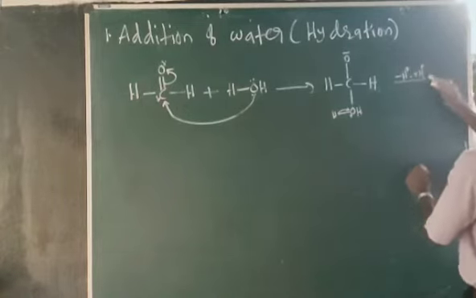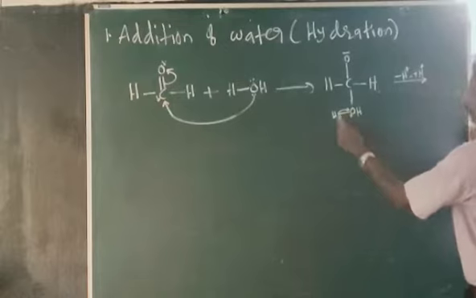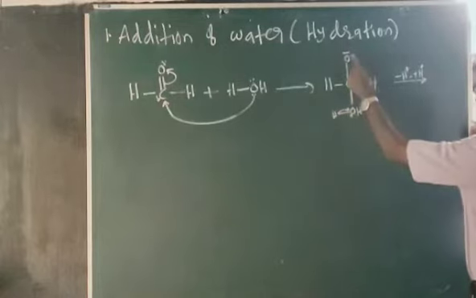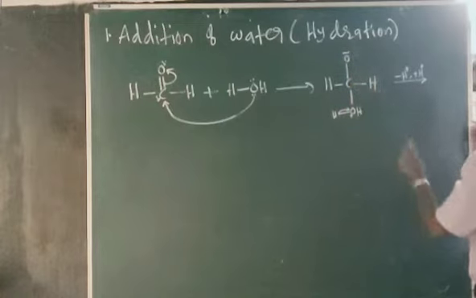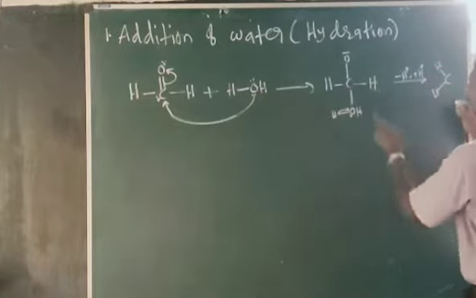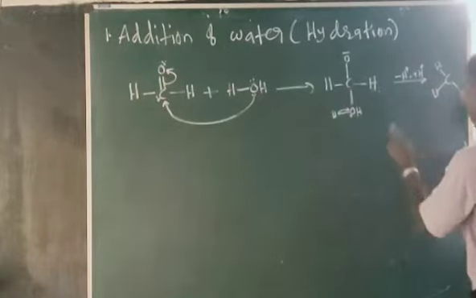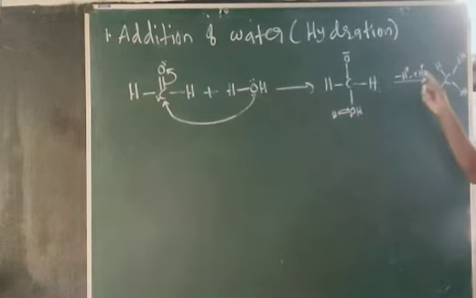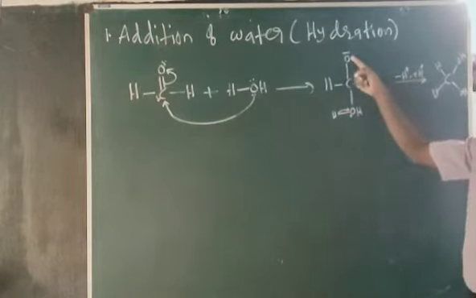What do you mean by minus H plus and plus H plus? Minus H plus means H plus is removed from here. Plus H plus means that H plus is adding to this oxygen. So we get a structure like this: CH2, see this carbon, there are two hydrogens, and here is OH, and here also it will become OH. Correct? This H plus is joining with the O minus.